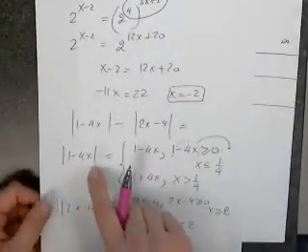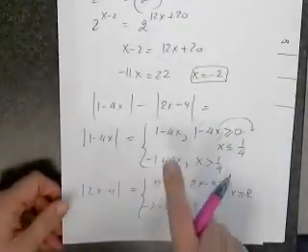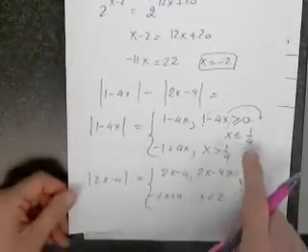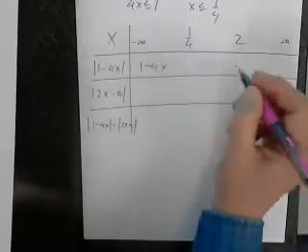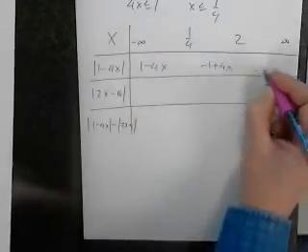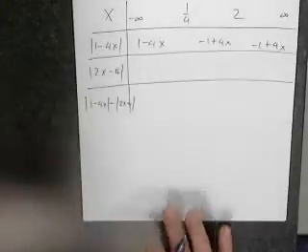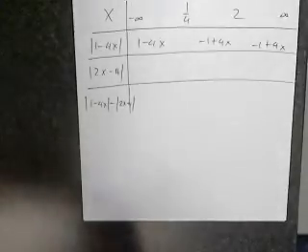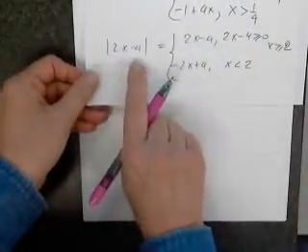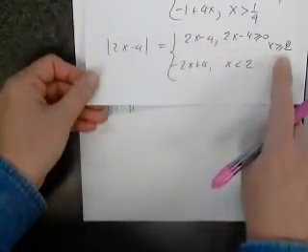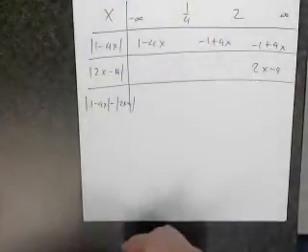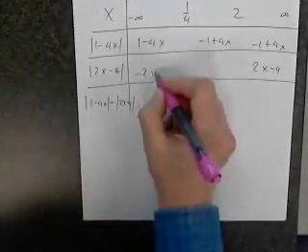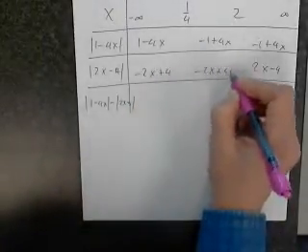This one says the absolute value can be replaced by 1 minus 4x to the left of 1/4. So 1 minus 4x, but then negative 1 plus 4x and negative 1 plus 4x. Now, the absolute value 2x minus 4 can be replaced by 2x minus 4 to the right of 2. And the other one will be negative 2x plus 4, negative 2x plus 4.